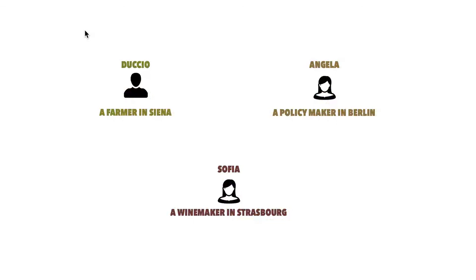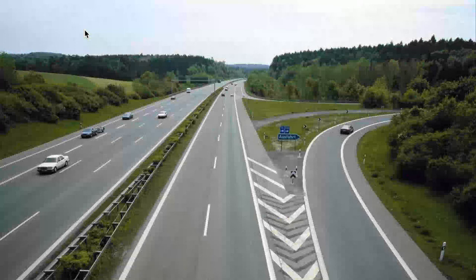So maybe we need to introduce a new metaphor, which is the highway. The highway, in principle, is a thing that is made to allow you to go fast, hopefully, from point A to point B. But actually, most people don't use it for that.